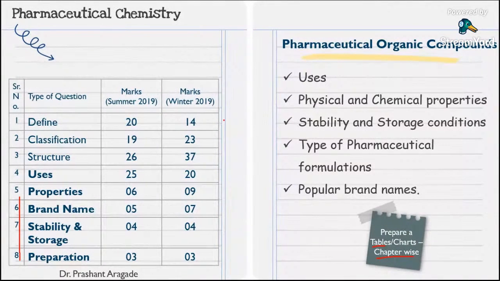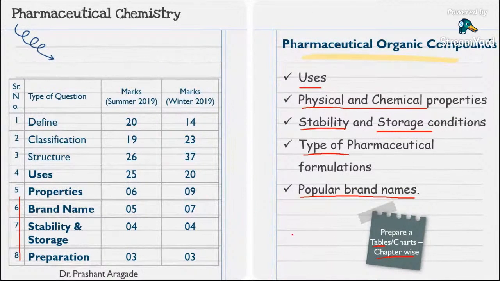Suppose the first chapter is antiseptic and disinfectant. So from the syllabus you can take the names of drugs and then prepare one table stating the serial number, name of drugs, then write down its uses, then physical and chemical properties, then stability and storage condition, then different dosage forms, and then the popular brand names.